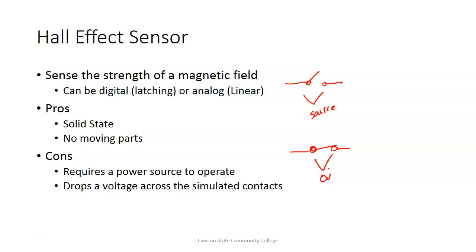It might be dropping 1 nanovolt, because there's no such thing as something that has 0 resistance. But we don't have meters with the capability of measuring that. The best we can do is millivolts. Some meters will measure microvolts, but it'll still measure 0 on our meters. So we look at that all the time.